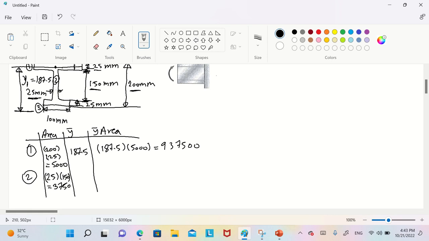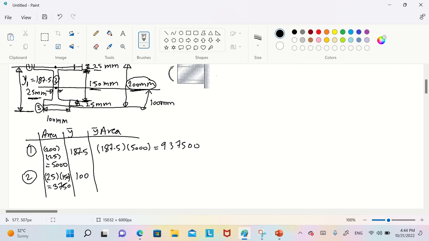So the same as the y bar. The center of the second one from the ground is 100 millimeter. Why? Because as you see here, 200 is the max, the whole height.